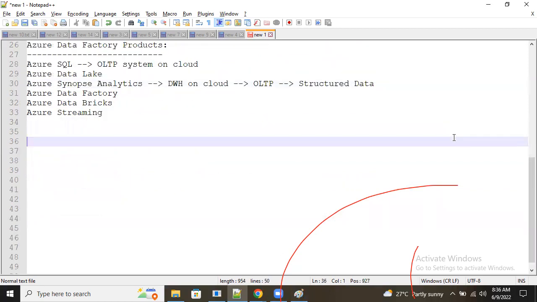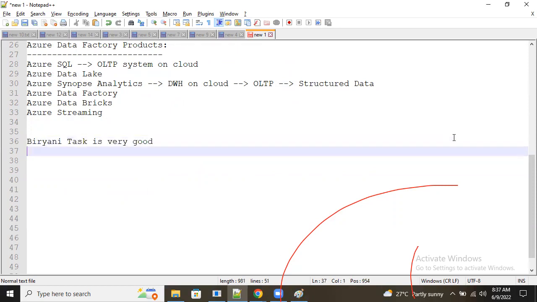When you go to a restaurant, they will ask, hello sir, please provide your valuable feedback. Okay, I will give a feedback: biryani taste is very good. Swati has given her feedback saying that biryani taste is good, but smell is bad, or else visualization, look and feel is bad. Is this structured or unstructured data?